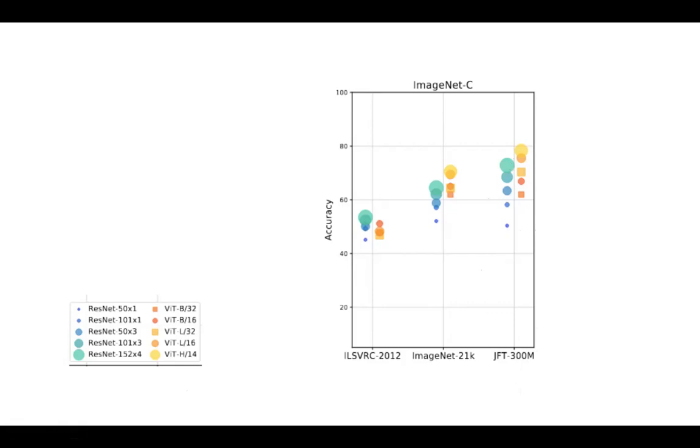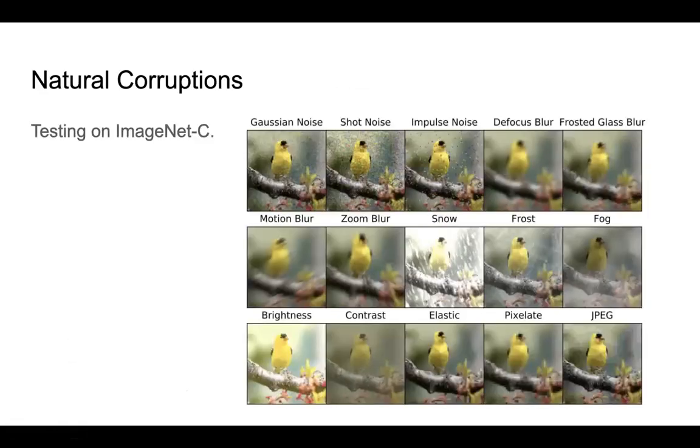So that was the result for these natural corruptions, where we generate those corruptions artificially using this ImageNet C. So this ImageNet C simulates these natural corruptions for us.